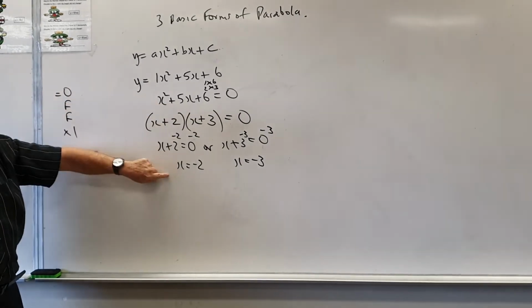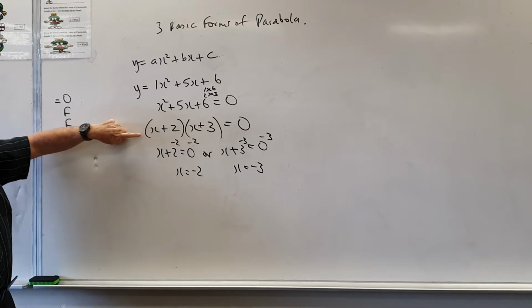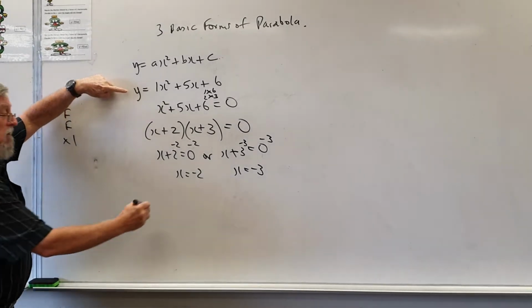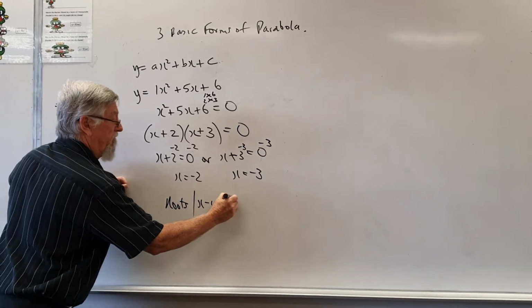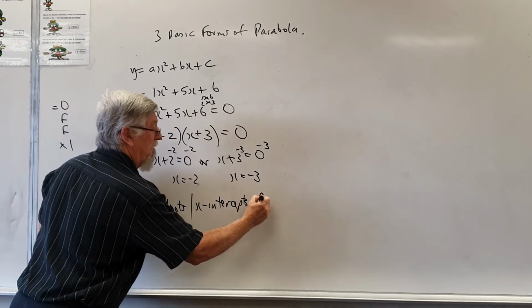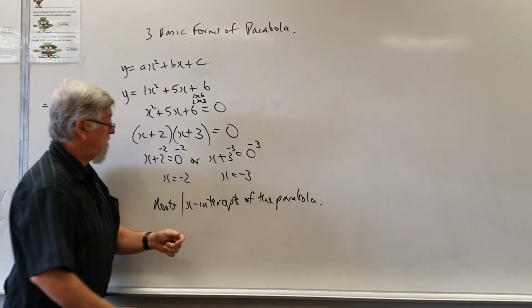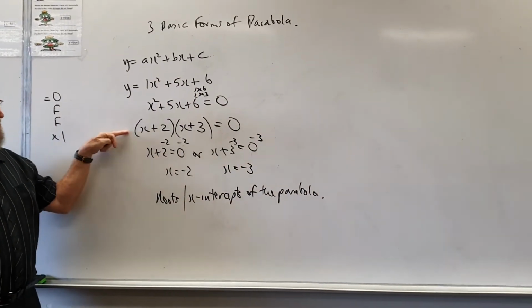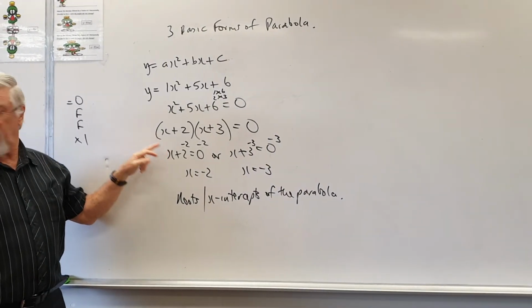But what do they have to do with this up here? They're now not the answers to the quadratic. They're the roots, or the x-intercepts, of the parabola. So the solutions of a quadratic are where the parabola crosses the x-axis.